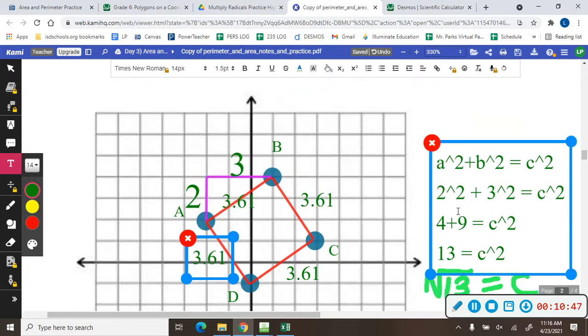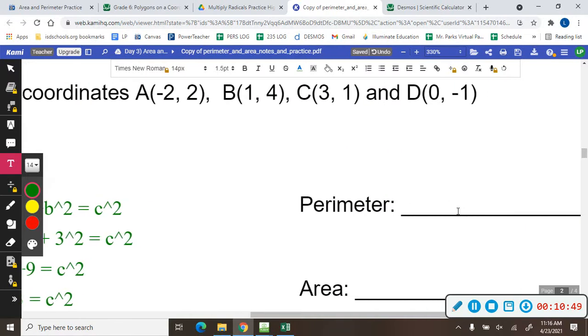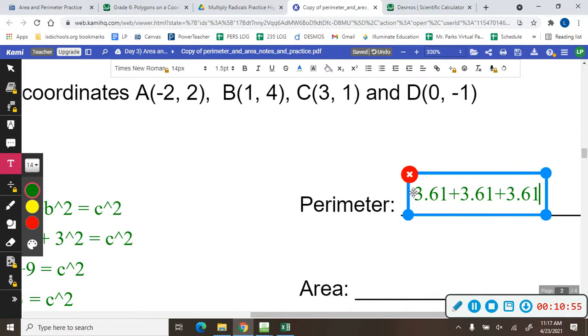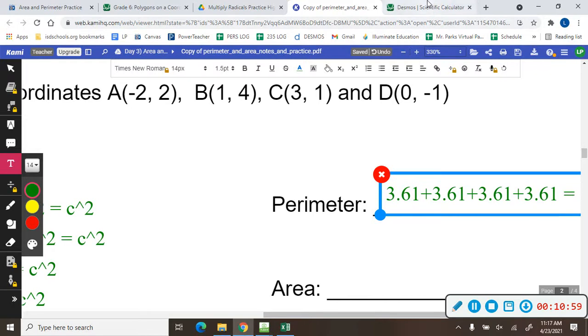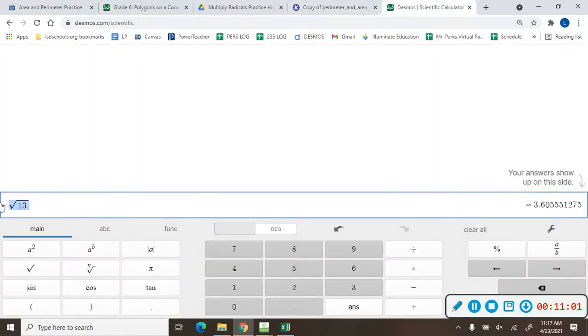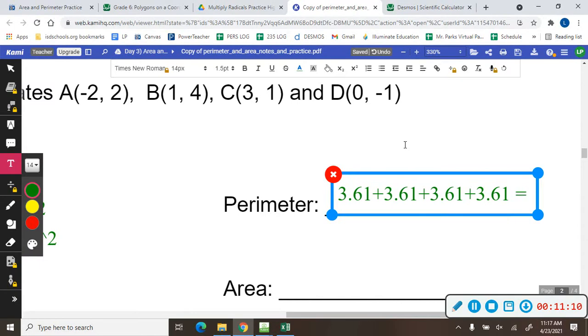So to find perimeter, I just take 3.61 plus 3.61 plus 3.61 plus 3.61, which is the same thing as 4 times 3.61. And I would probably just leave that as square root of 13 to get a more exact answer. And that's 14.42 units.